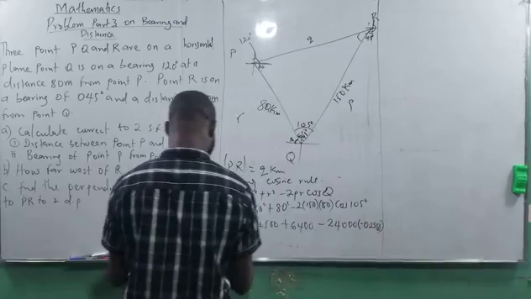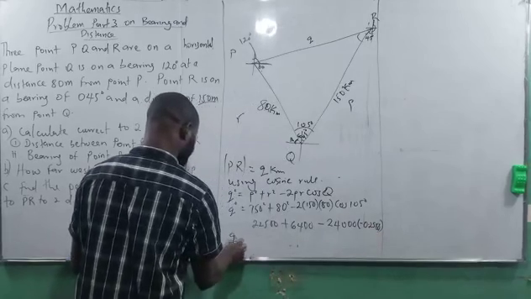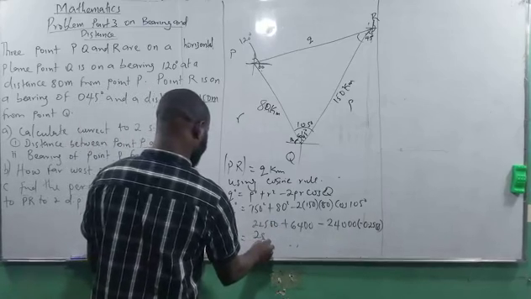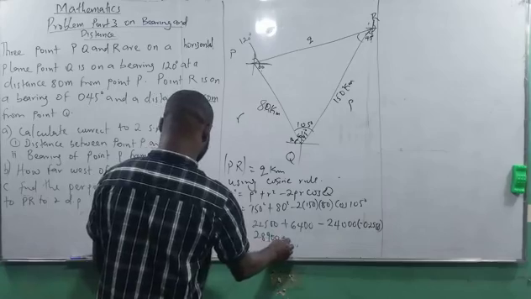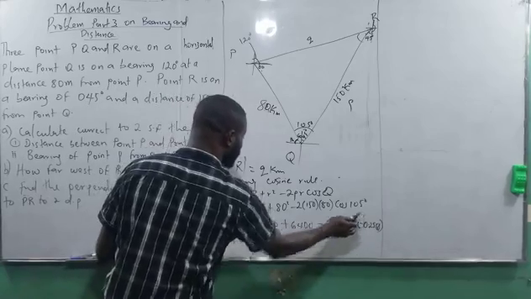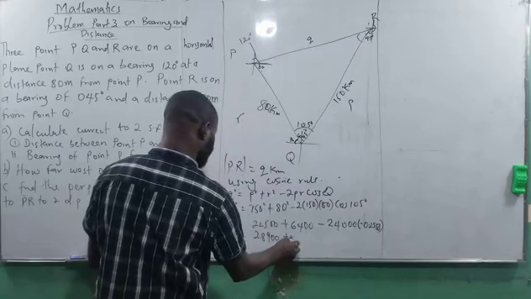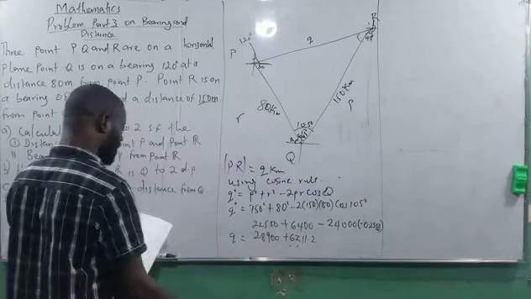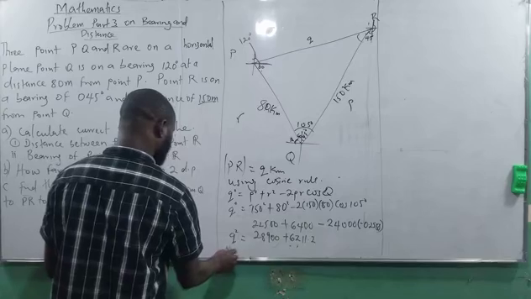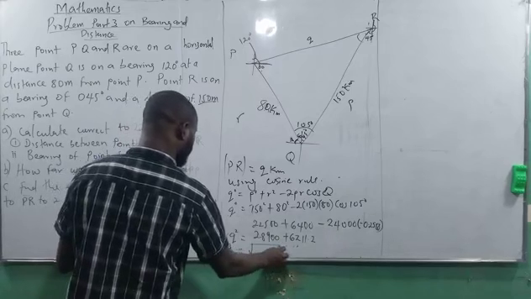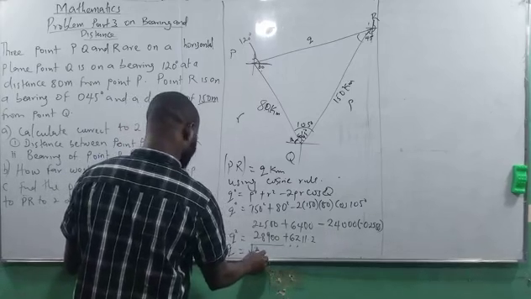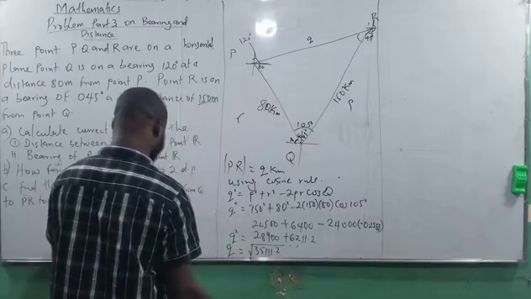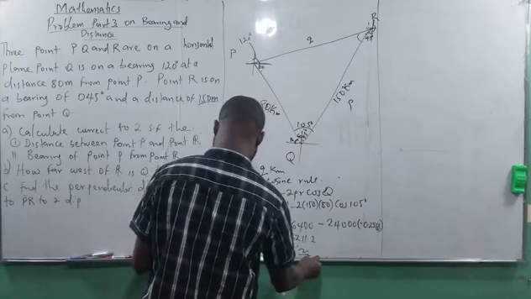Now Q squared will be equal to 28900 plus, minus times minus is plus, 6211.2. My Q will be equal to the root of 35111.2.